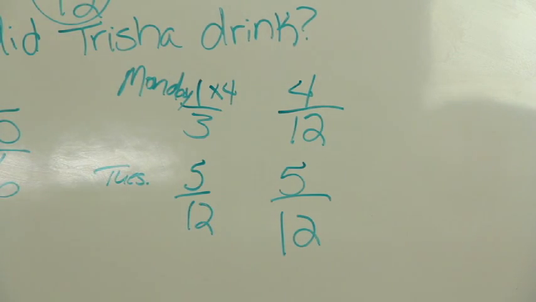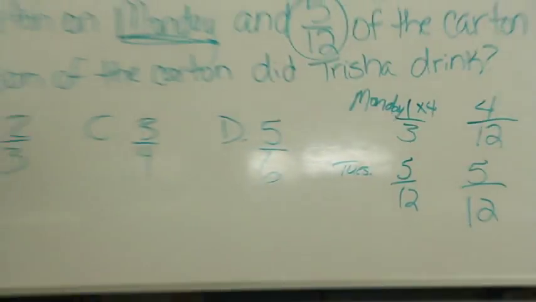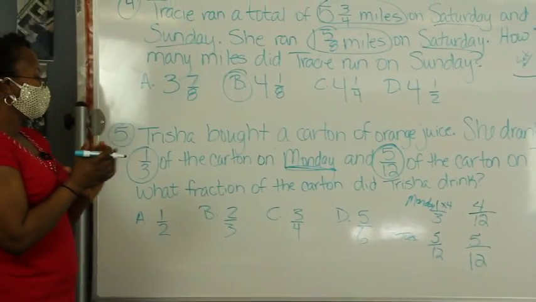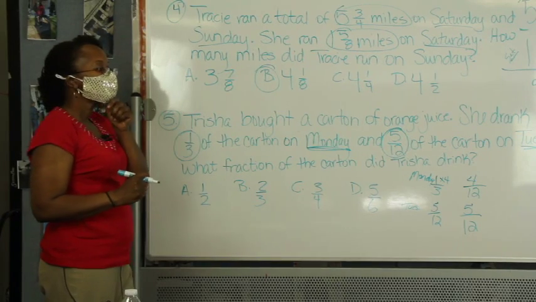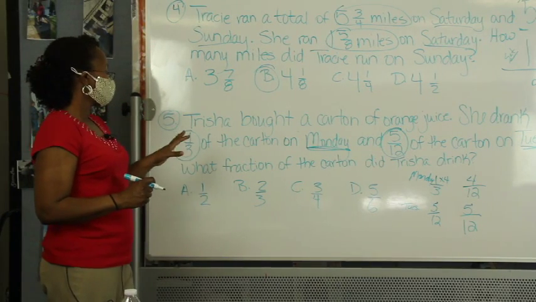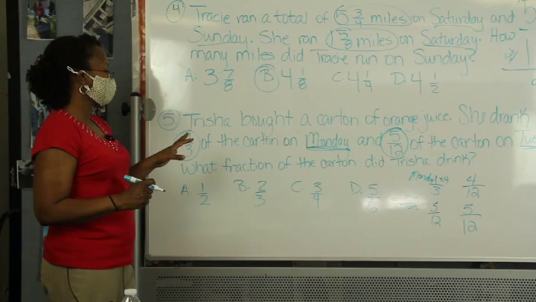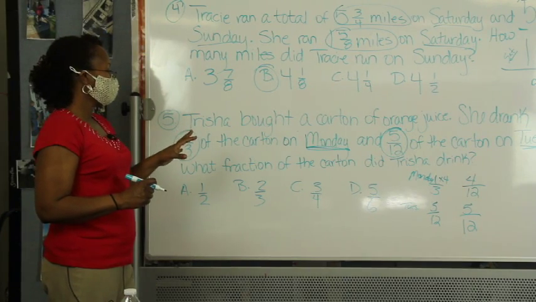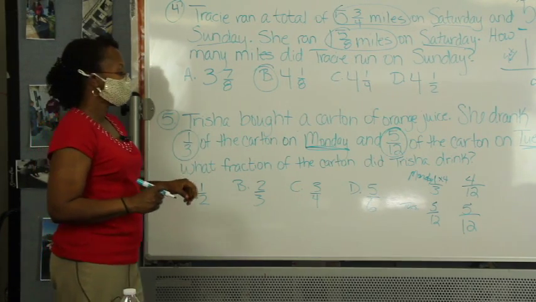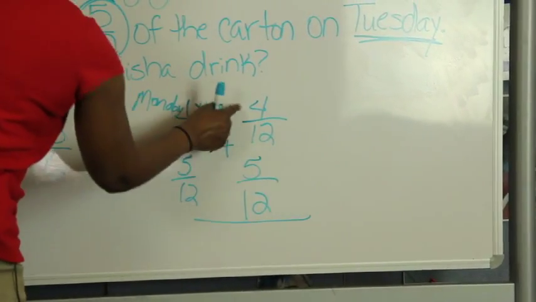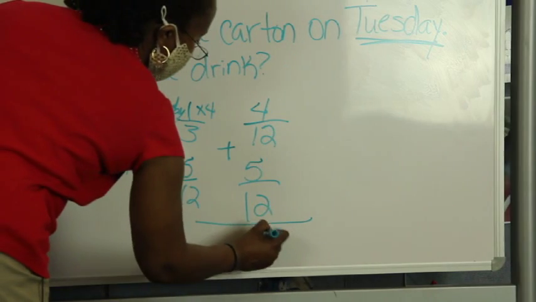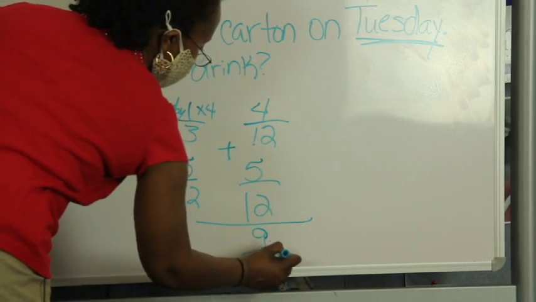So now we know that on Monday she drank 4/12, and on Tuesday she drank 5/12. So the question we're answering is, what is the fraction that she drank altogether? So if we add these two together, 4 plus 5 is 9. And our denominator is the same, so we just bring it down.